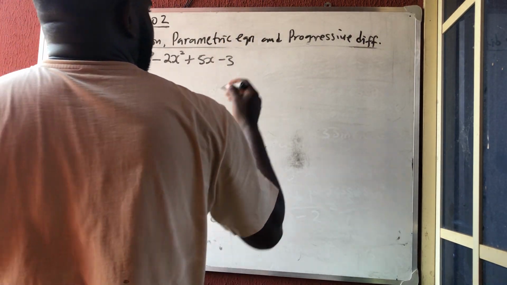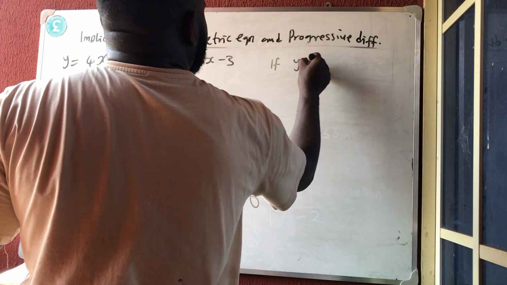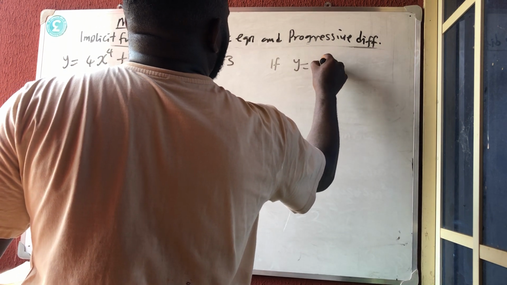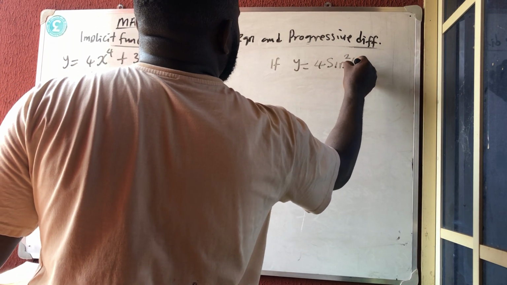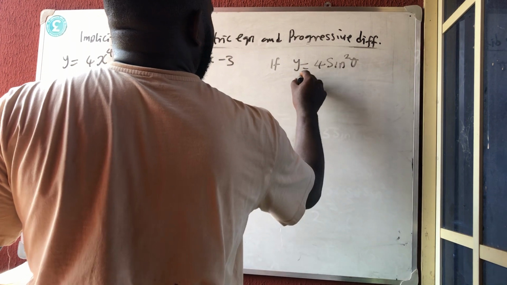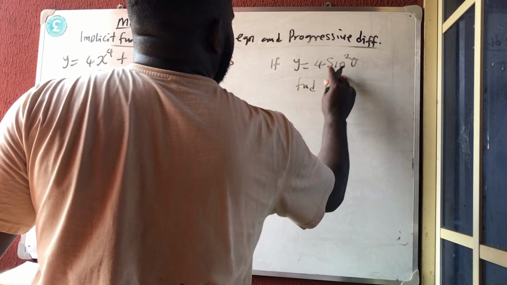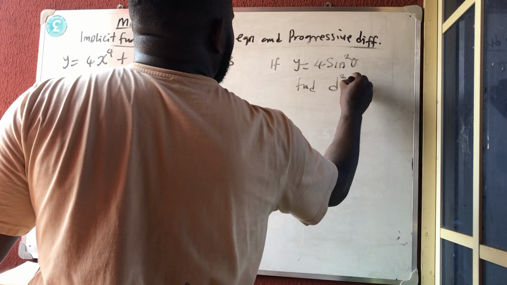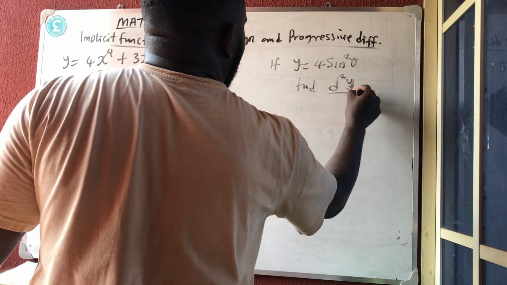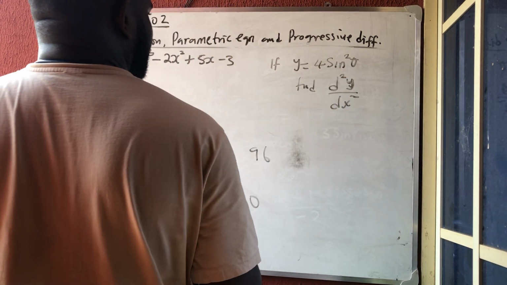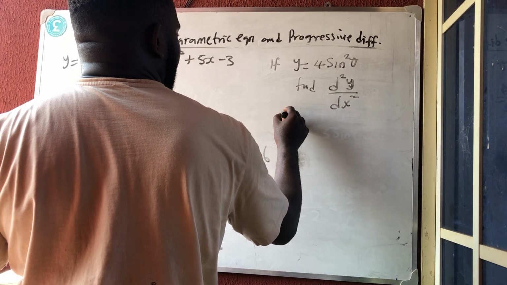Okay, they said that if y is equal to 4 sine squared theta, find d2y over dx squared. Just the second one. Okay, the first one should be what?